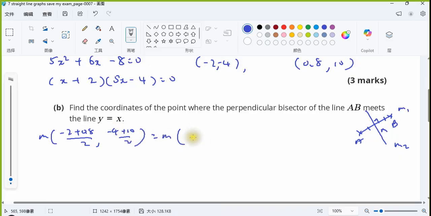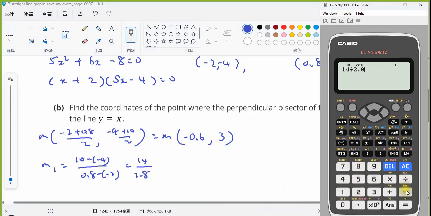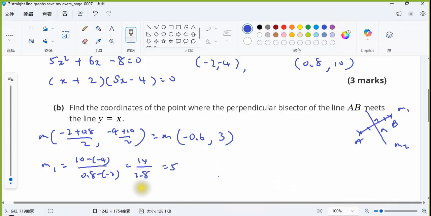So the midpoint is (negative 0.6, 3). And gradient 1 is (10 minus negative 4) over (0.8 minus negative 2), which is 14 over 2.8, so 5. So gradient 2 is negative 1 over gradient 1, which is negative 1 over 5.